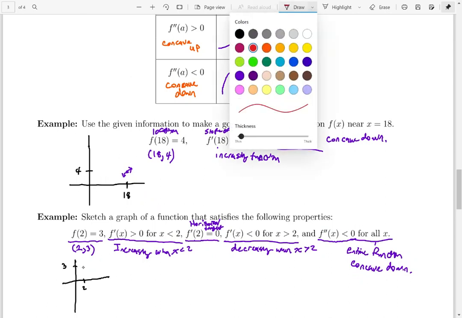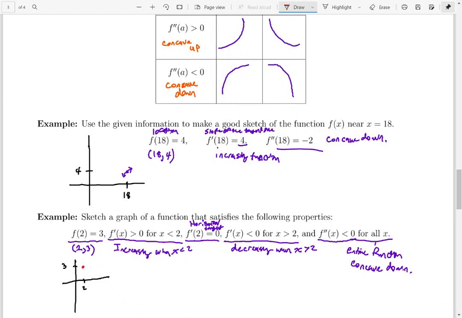To the left of that x value 2, we know that it's increasing, and it's going to be decreasing to the right of that point 2. It's got a flat spot at 2, and the entire function is concave down. And honestly, I have an image of increasing with concave down, decreasing with concave down, and then this flat spot up here, it looks like this parabola shape.